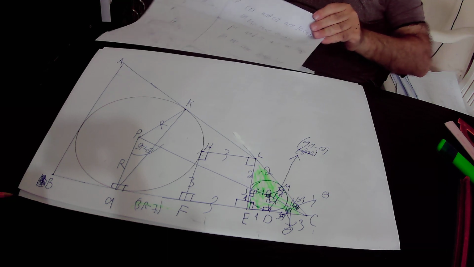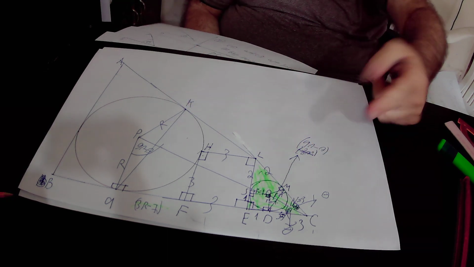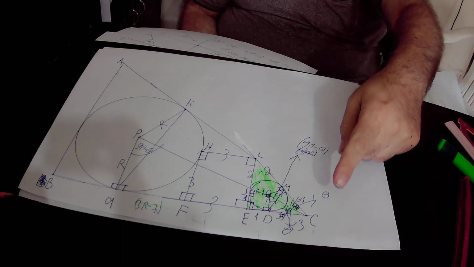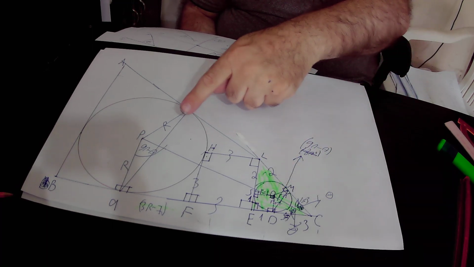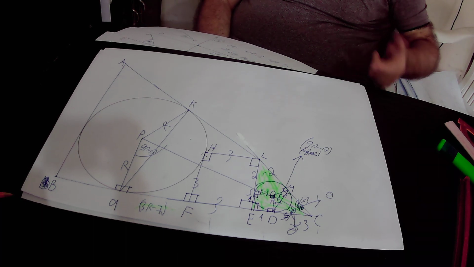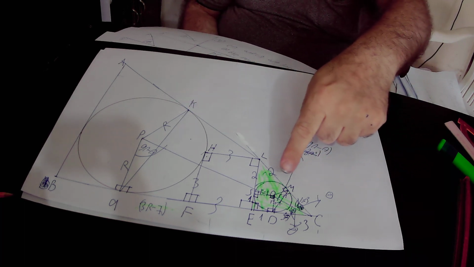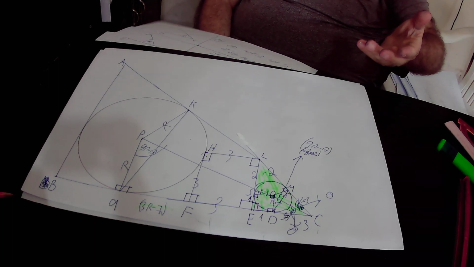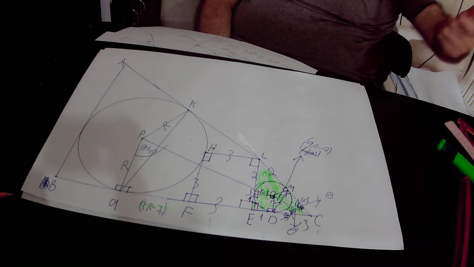According to our assumption, CO doesn't pass through point P. If CO doesn't pass through point P, it means that CO and CP lie on different straight lines. Otherwise, if they lie on the same straight line, CO must pass through point P.